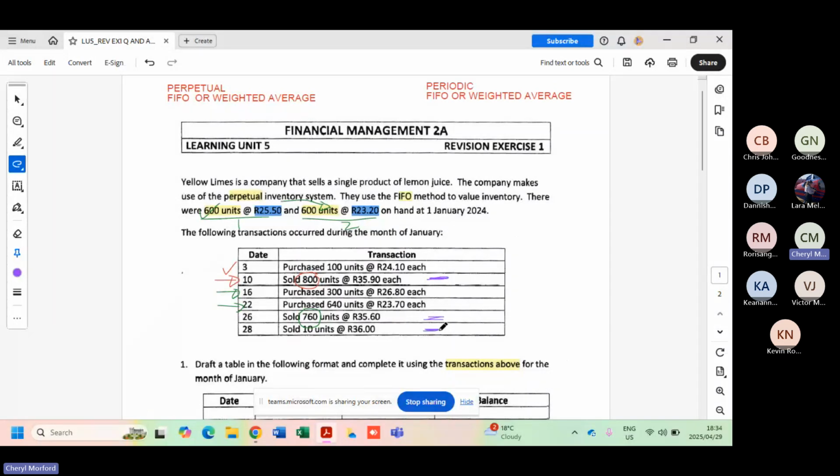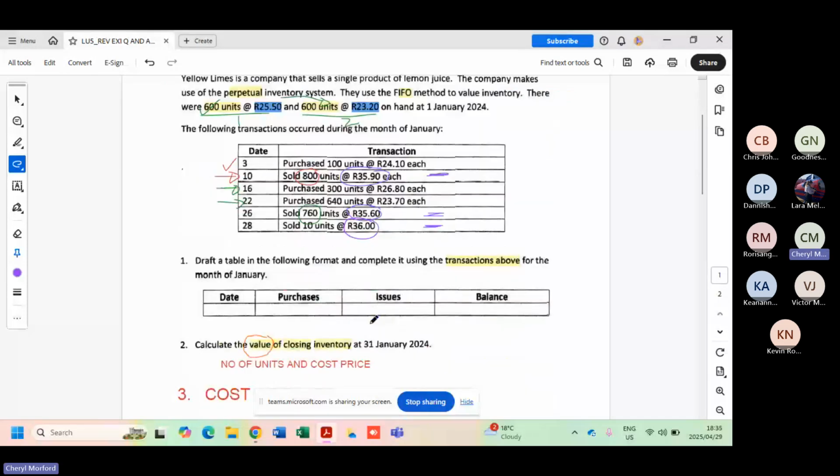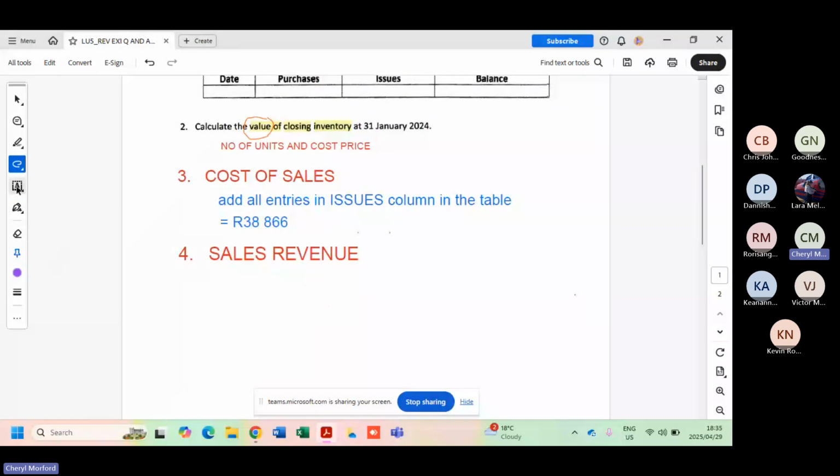And most importantly, when the sales took place, it was at the selling price, not the cost price. So you cannot use your table. You're going to use the question. So it must be at the higher selling price, like this. And then add those together. So let me type in an answer there for you.